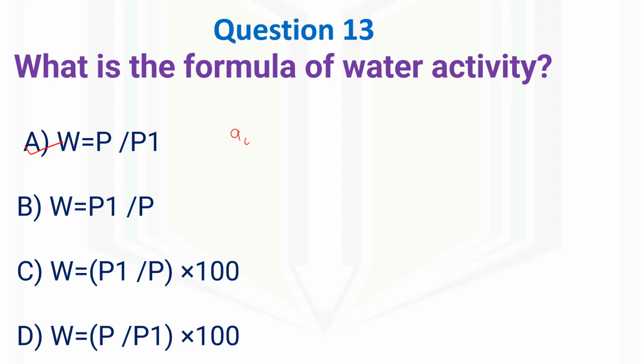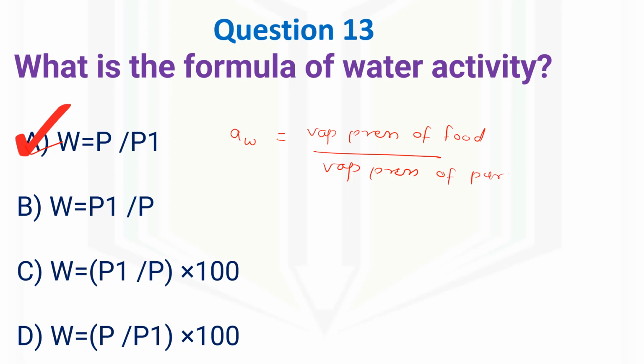So water activity can also be written like AW, and it is the ratio of vapor pressure of the food component divided by vapor pressure of pure water, both at same temperature. So this can be denoted by P, and this can be denoted by P0, or the absolute or the initial. So it can be denoted by P1 or P0. So this is the formula.